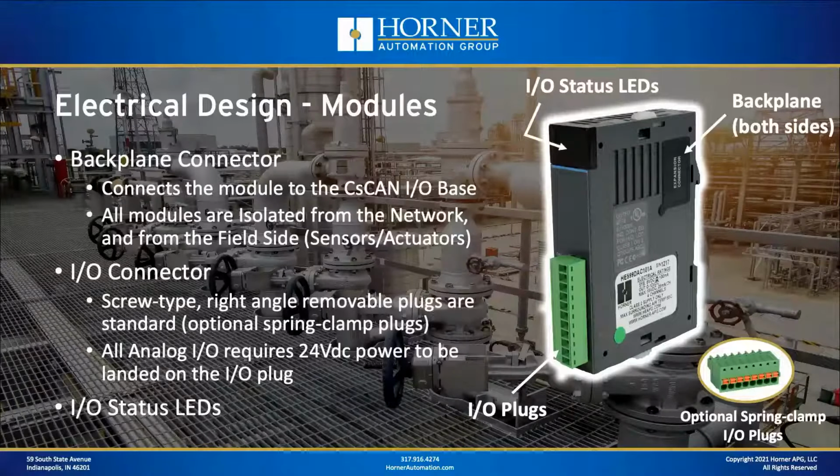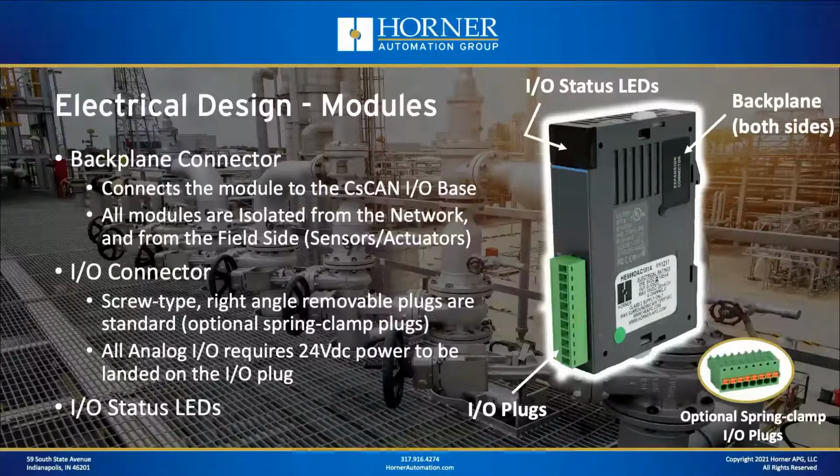One other note on the I/O plug. For all analog type modules, 24 volts DC is required to be plugged into the I/O plug. Why is that? Well, we've talked about probably a couple times already the fact that the backplane on SmartRail is 100% optically isolated from the network as well as from the field side of the system.